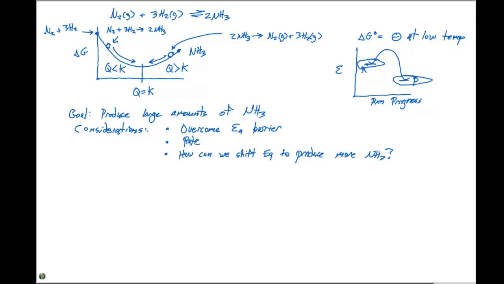And the last thing that we always need to think about, especially if we're in business, is money. One thing a businessman will tell you is that money is equal to time. So when we're looking at a particular reaction, we need to keep the kinetics of that reaction in mind, because if the kinetics don't work out well for us, we're not going to be able to produce much ammonia.